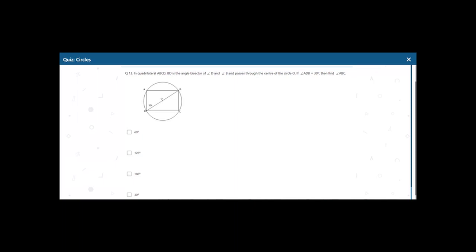Diagonal, ma'am. BD is diameter, no? Which one is diameter? It is bisector and also diameter. Ma'am, it is diagonal for that rectangle and diameter for that circle. But they have not given that it is a rectangle. We should not think it is a rectangle. They have said quadrilateral ABCD.